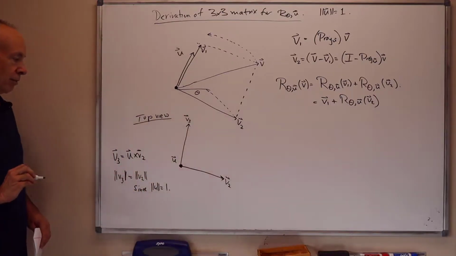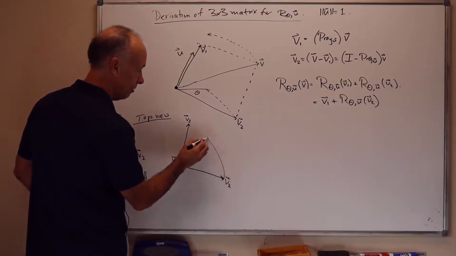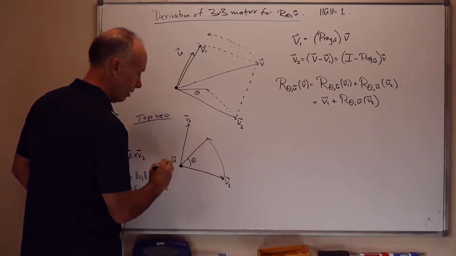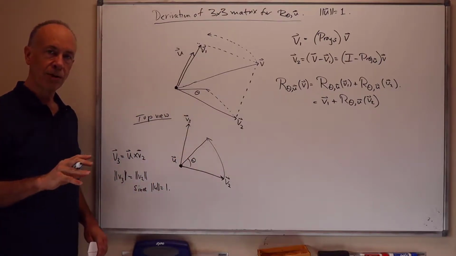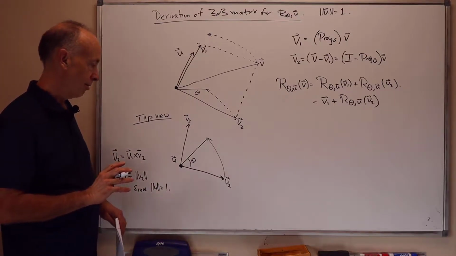Right. So when we do the rotation here, if we rotate through angle theta, we're just thinking of rotating the v2 portion. We've set v1 aside, so that no longer comes into it. So everything is orthogonal to u.